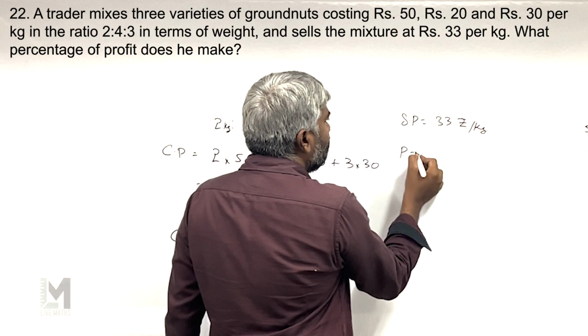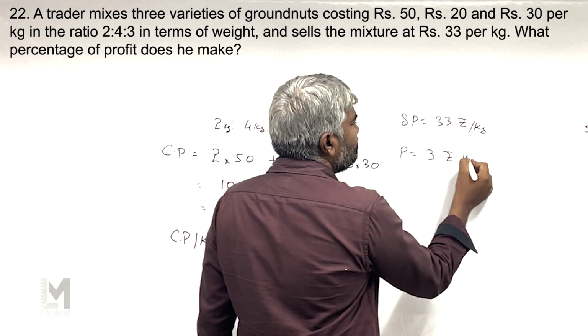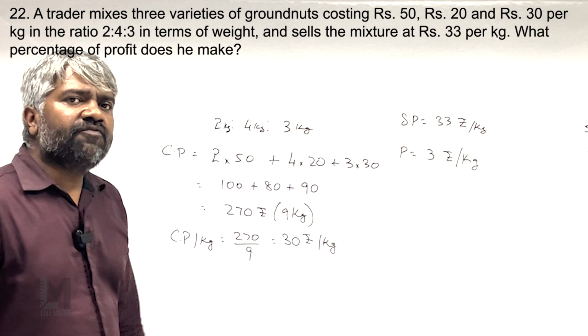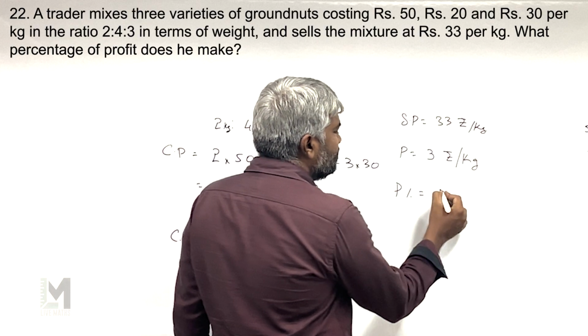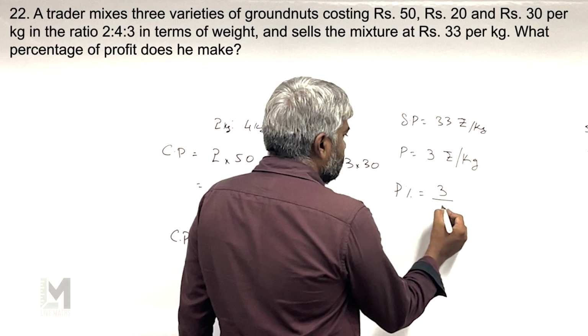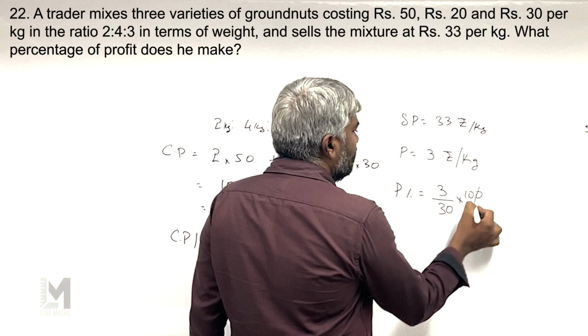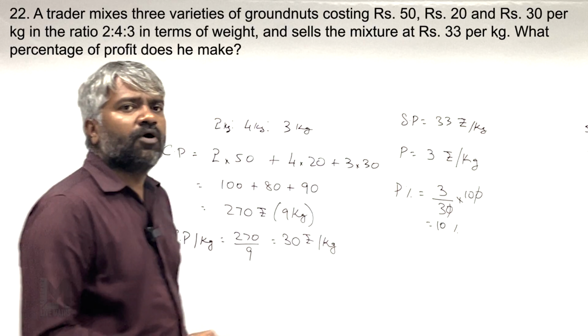What is profit? Selling price minus cost price, which is 3 rupees per kg. We need to find the profit percentage in this case. So profit percentage equal to profit by cost price into 100, right, which will give you 10% profit.